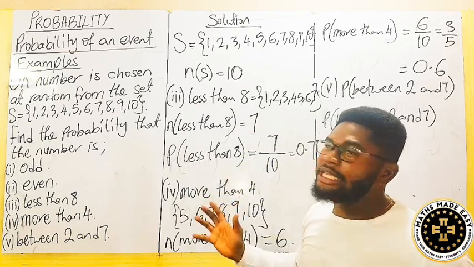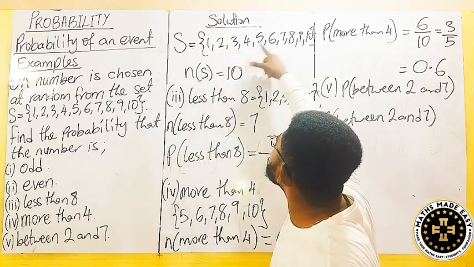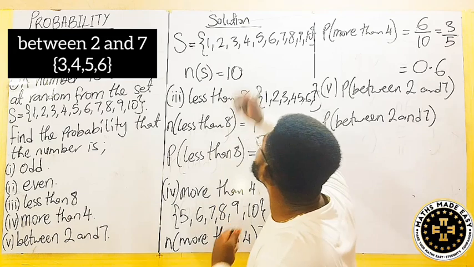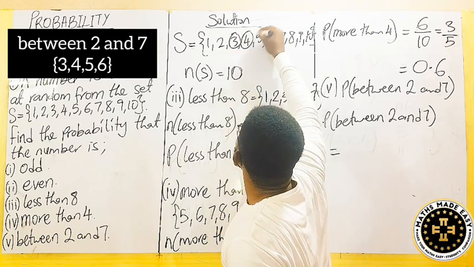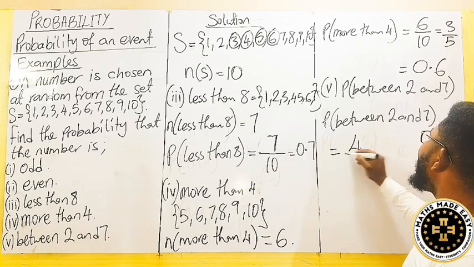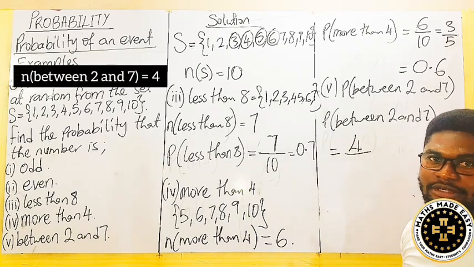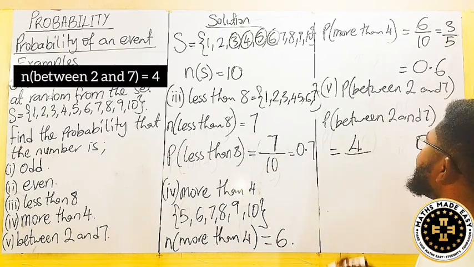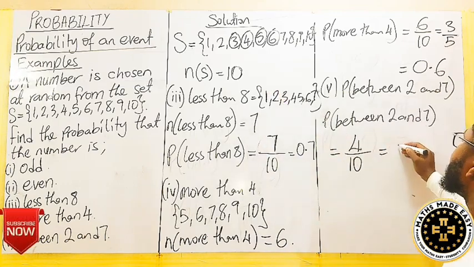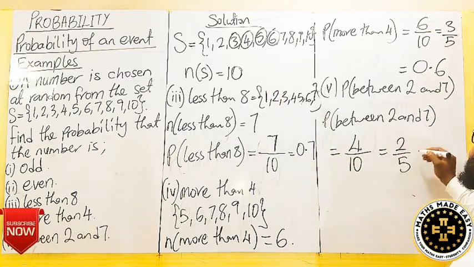So between, it's 3, 4, 5, 6. How many are they? 1, 2, 3, 4. Four of them. So 4 is the number of events we have between 2 and 7. And what is the sample space? Of course, the total number becomes 10. So giving us 2 on 5, and 2 on 5 of course is 0.4.